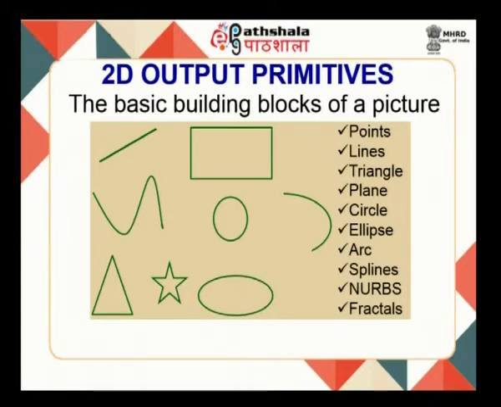One is points, the fundamental primitive, followed by lines, the triangle, the planes, the circles, the ellipse, the arcs, splines, NURBS, fractals, and there are many more such primitives. So, you can think that a picture can be made up of a combination of these basic primitives.